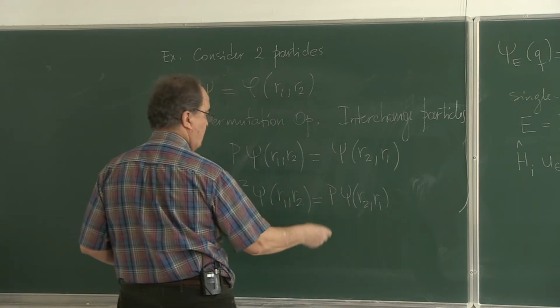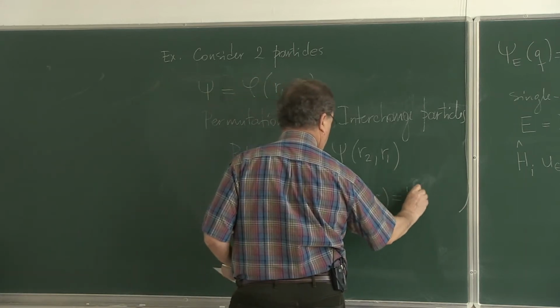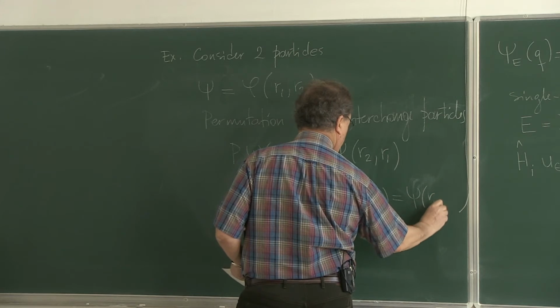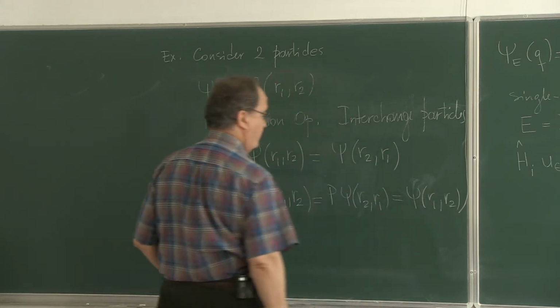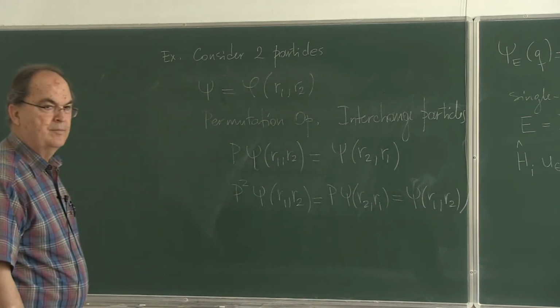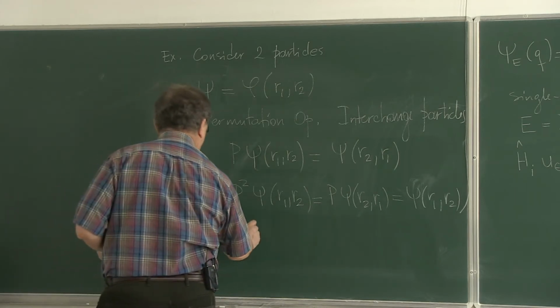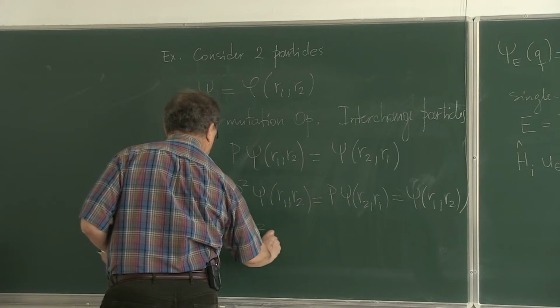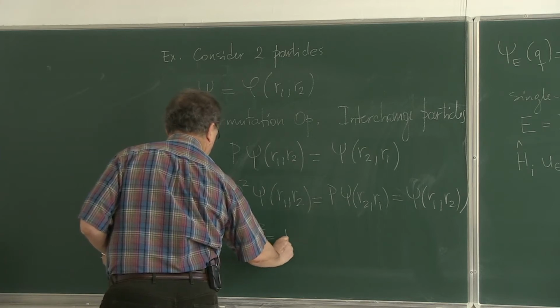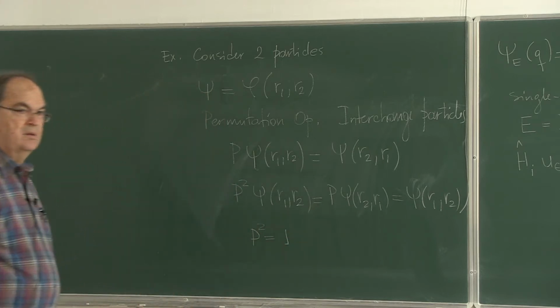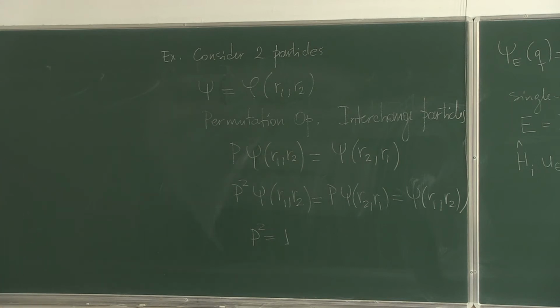That means interchange once more, you get psi R1, R2. So what does that mean? It means p squared must be a unit operator, must be 1.